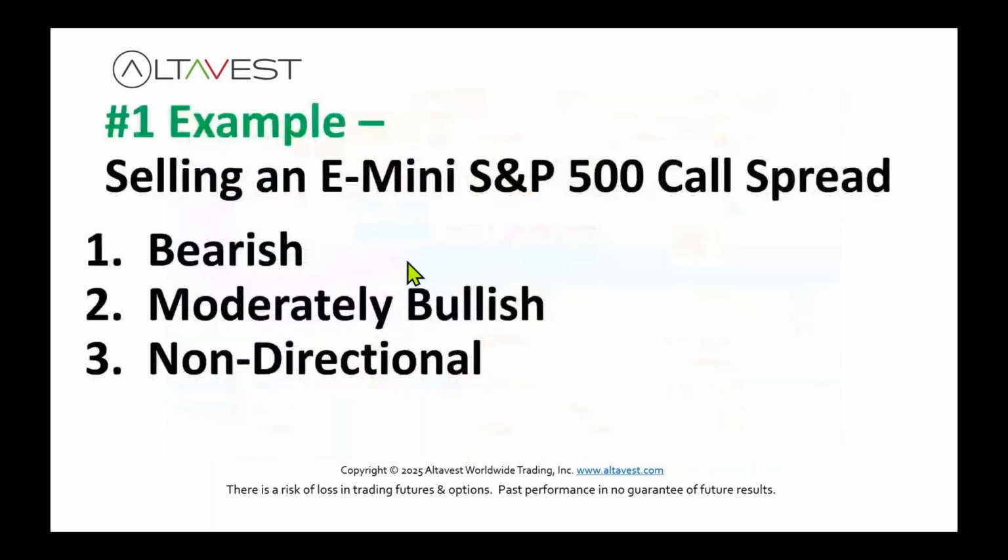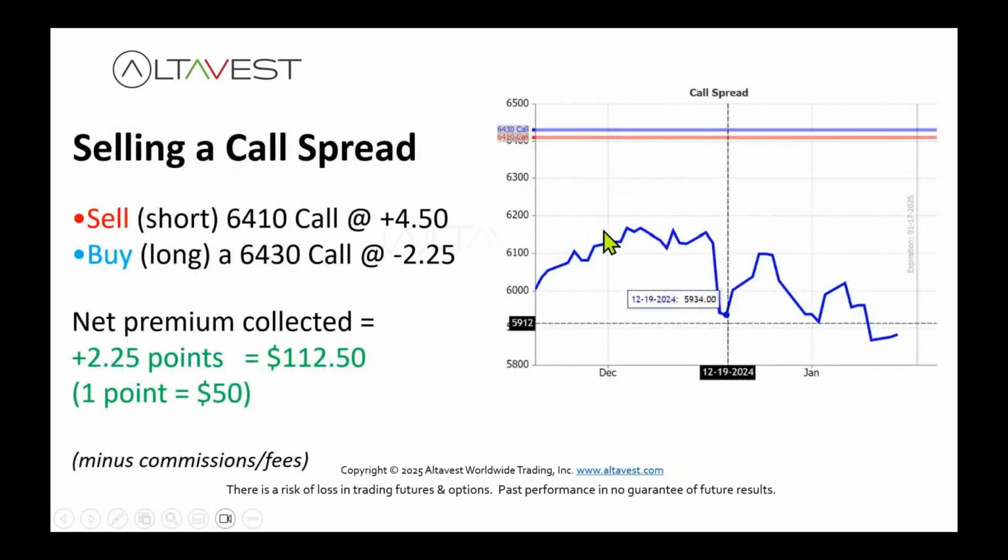So she's absolutely correct. So here's an example on the E-mini S&P 500. We're going to look at a call spread. You might place this if you're bearish or maybe even moderately bullish, or if you have no bias in terms of direction and maybe you think the market will be choppy. And here's an example of this call spread. The red line is what you sell.